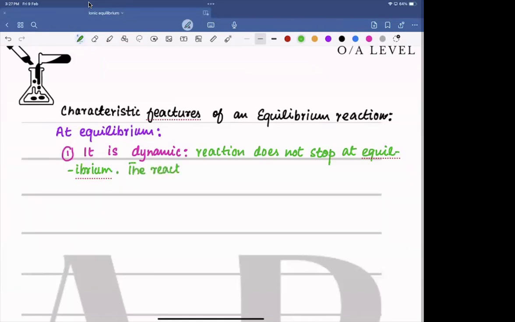The reactants and products are continuously changing into each other. So that's why we call it dynamic.